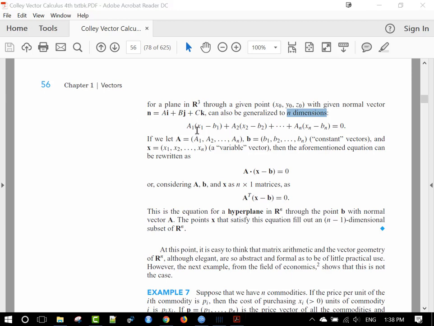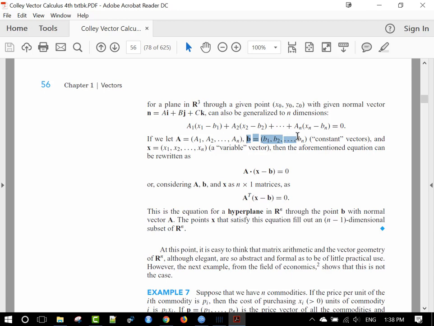Now, if we take the vector A to be A1, A2, up to An, and B to be B1, B2, and so on, and x to be the variable vector like P was before, as opposed to P0.